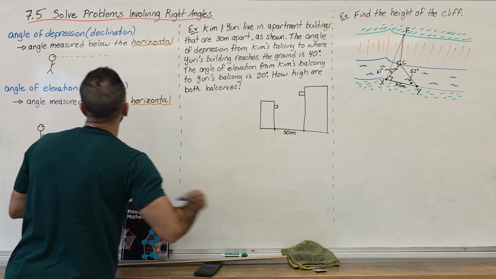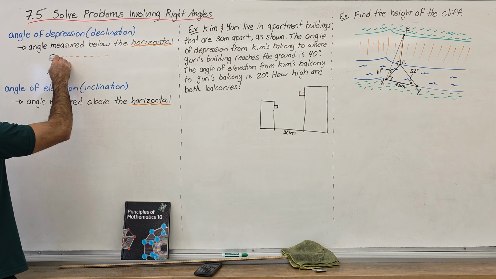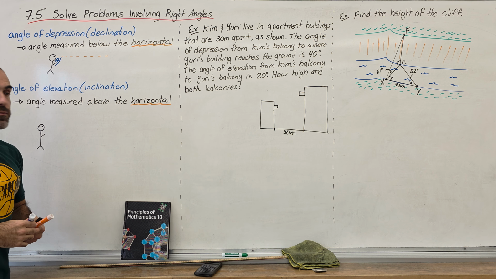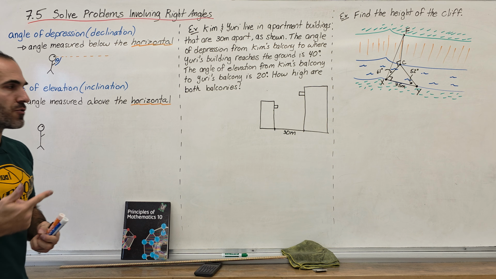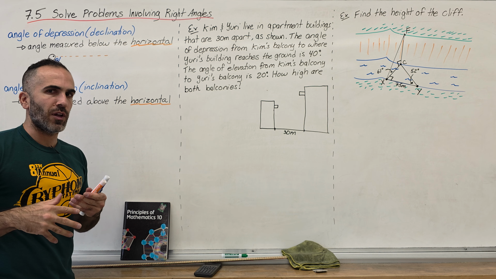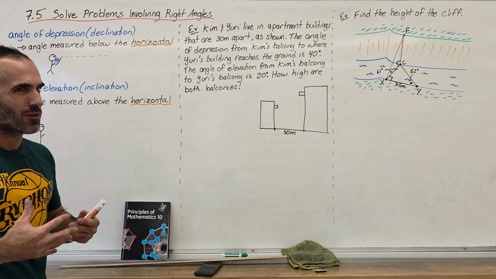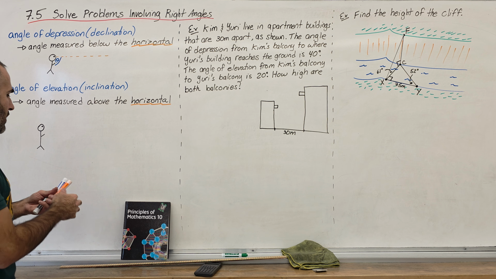And the angle of depression is the angle underneath here, underneath the horizontal. Okay, it gets tricky because you'll see in the next word problem, it's not the first thought. So if you don't draw that horizontal, you're going to be wrong almost always.